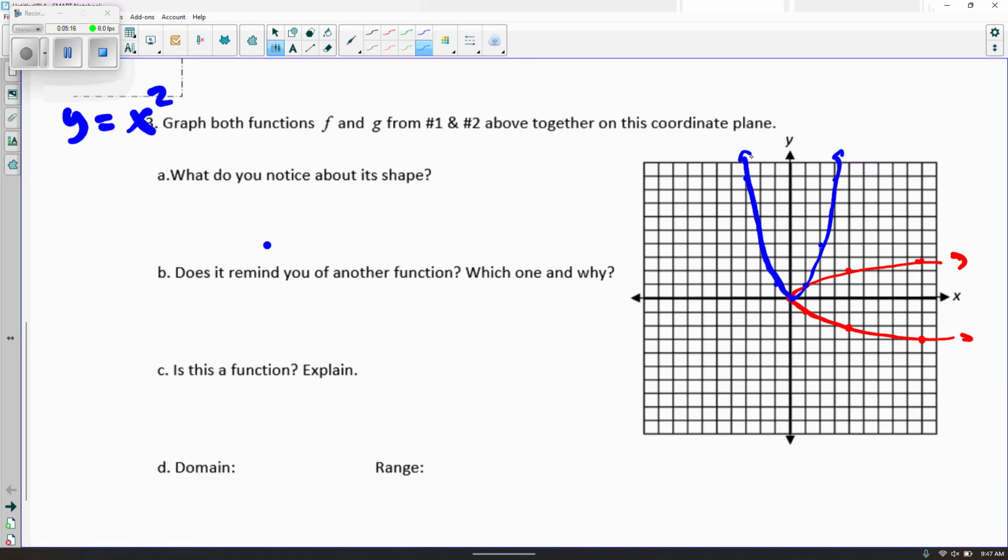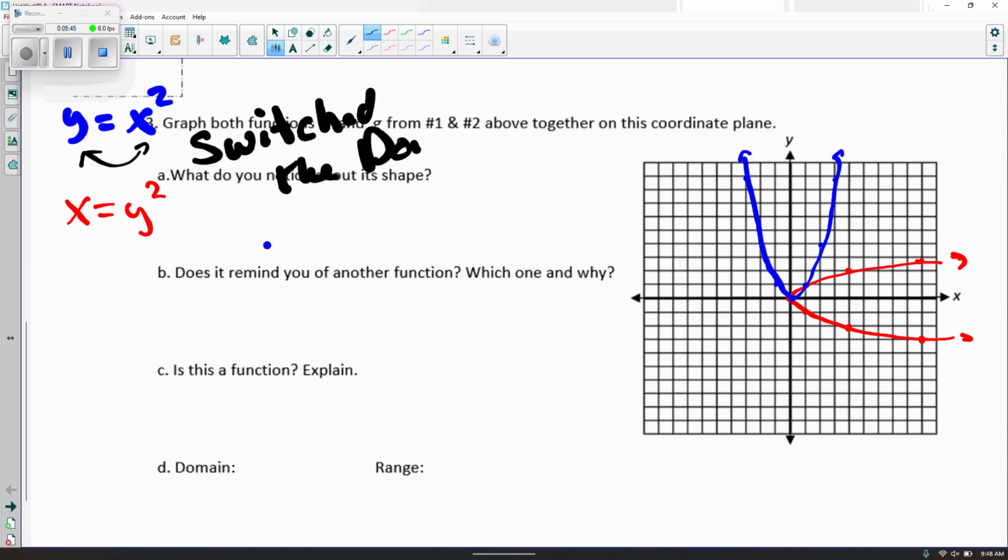The y's change with the what? The x's. The x's and the y's actually switch places. The equation of the red one is actually x is equal to y squared.